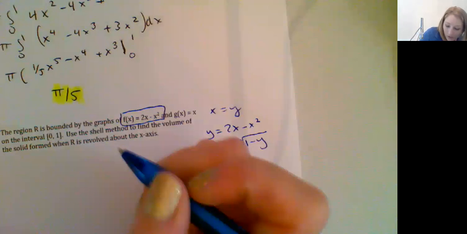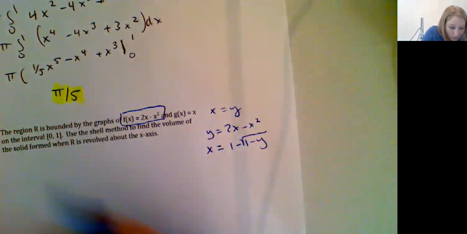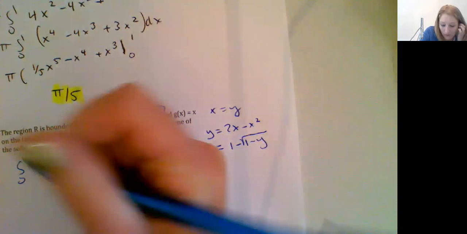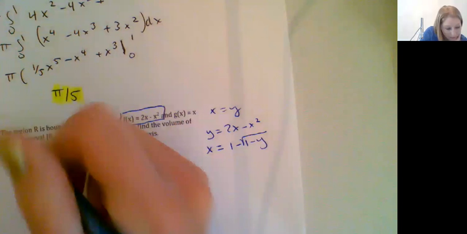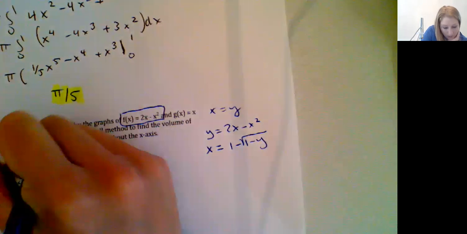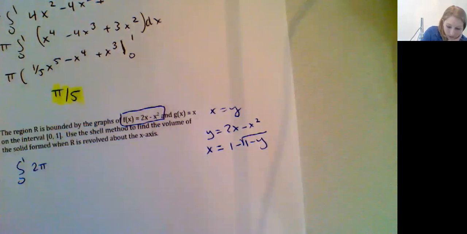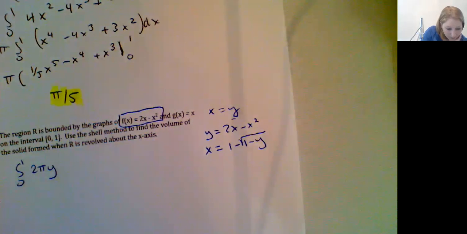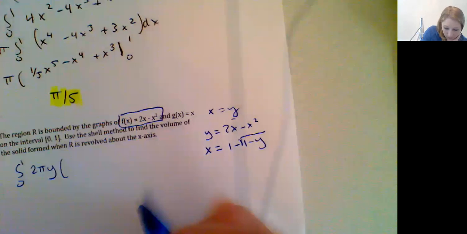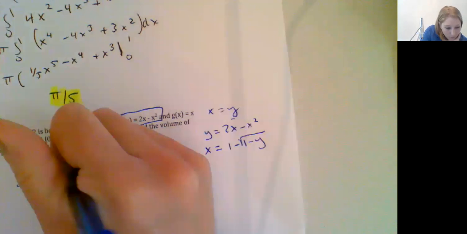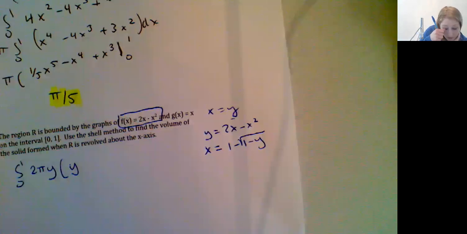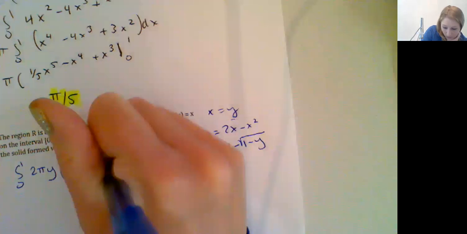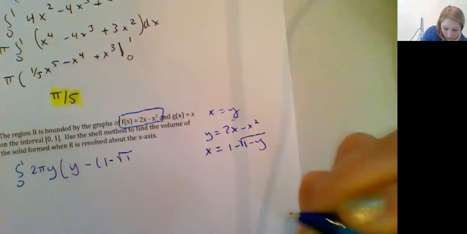Okay, so in this case, when we're doing the shell method, we're still evaluating the integral on the bounds of 0 to 1. And our radius in this case is just y. And the height is going to be y minus this whole thing, 1 minus square root of 1 minus y.